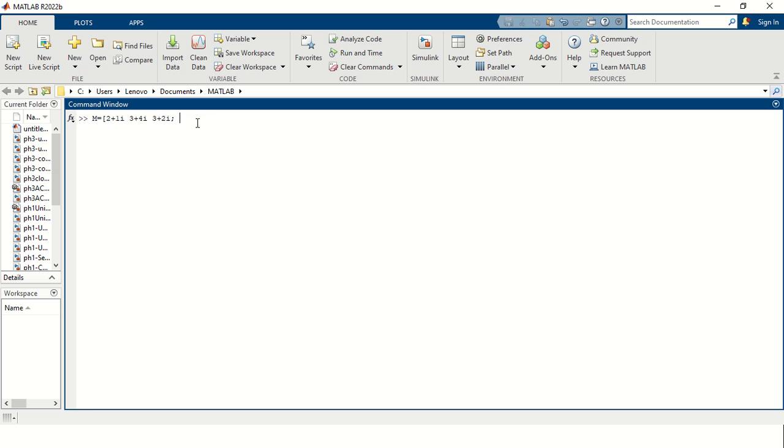Then I am taking 0 and 0 and 3 as the second row, and in the third row I am giving complex numbers again, 7i and 9 plus 1i, and the last number 0 plus 5i. I close this. So this is my matrix.